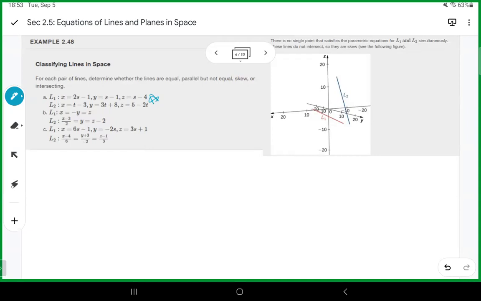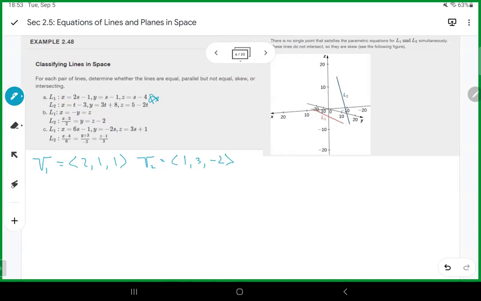So line 1 has the direction vector v1, which is 2, 1, 1. Line 2 has a direction vector v2 of 1, 3, -2.